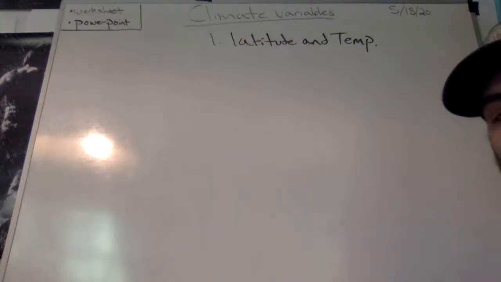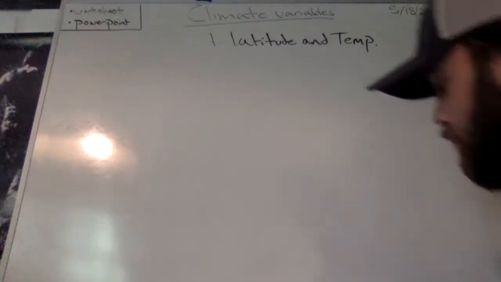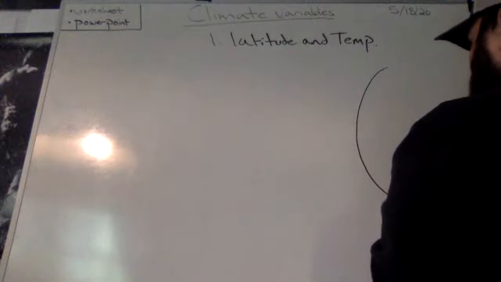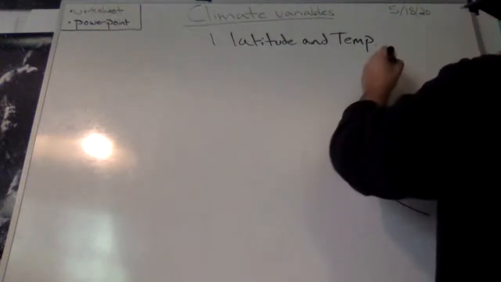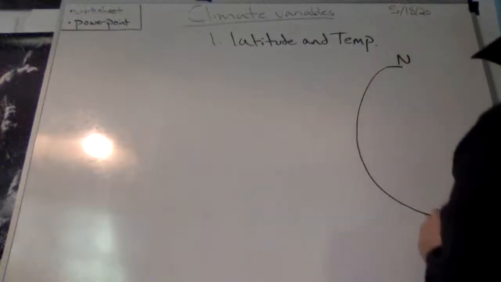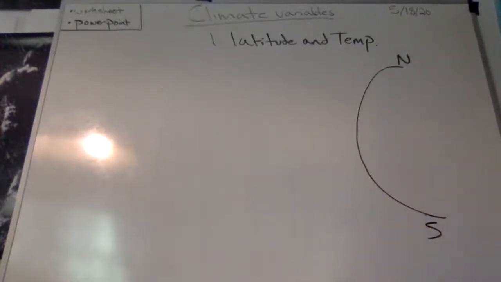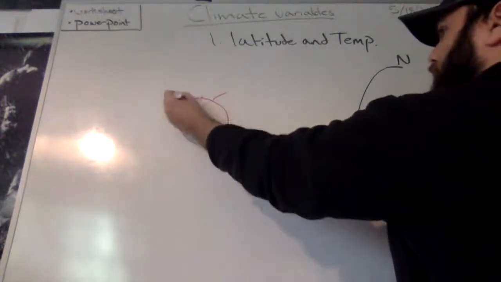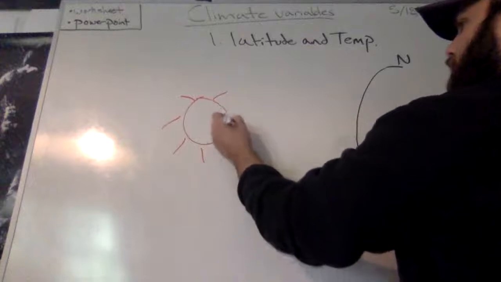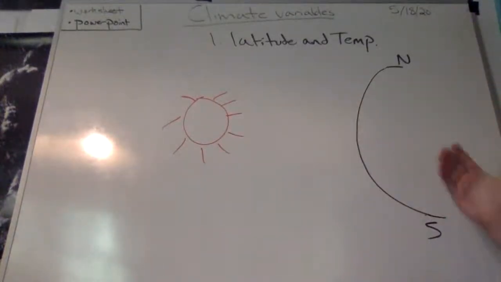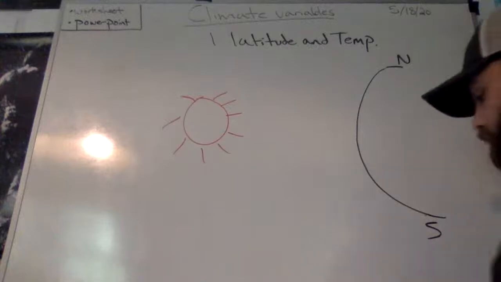So if you lived on the equator, we're going to pretty much draw this out. Here is our side view of Earth. We have the North Pole and we have the South Pole. Again, it's not going to be drawn to scale, but let's say the sun is out here. The sunlight is going to hit the Earth at different angles.